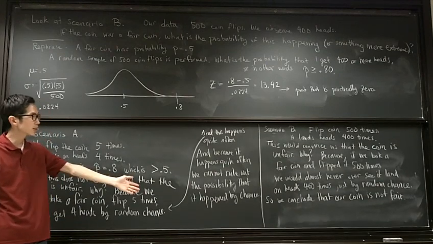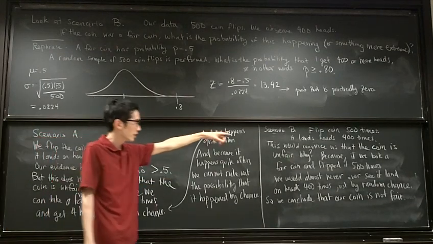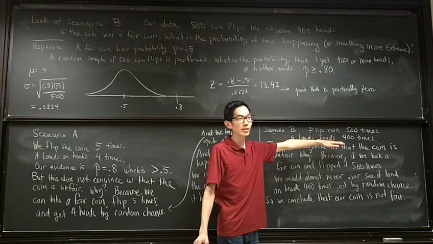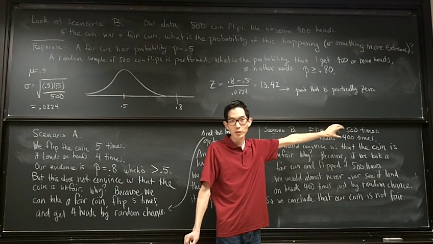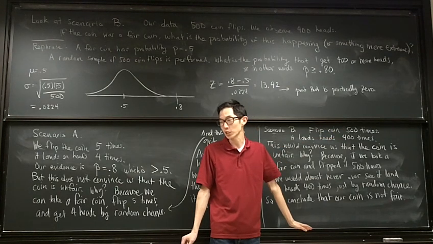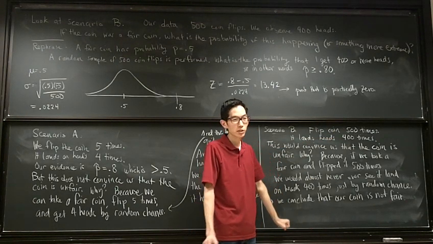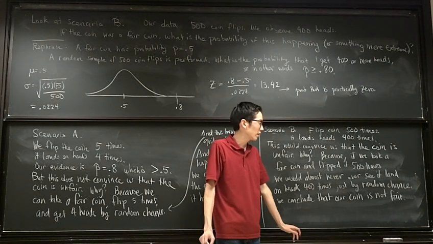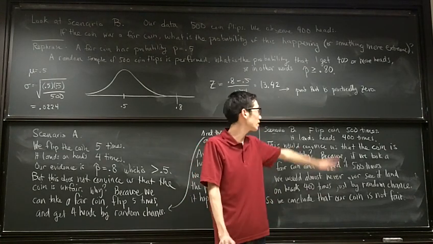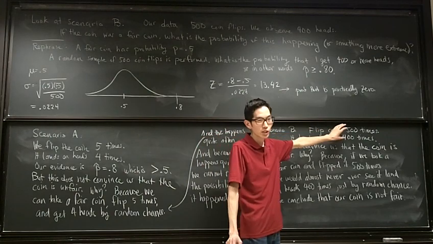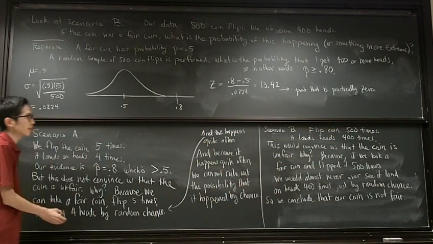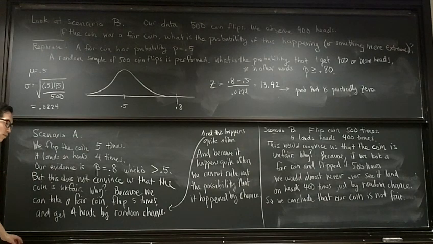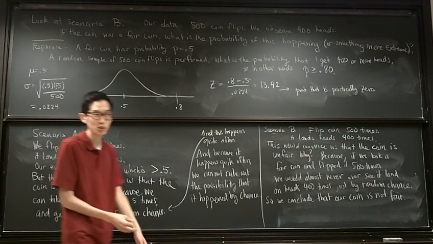So we can come to the conclusion that if this is actually what happened, if our data shows that this has happened, we can eliminate the possibility that it happened just by random chance, okay? And so we can conclude that the coin is not fair, and that's how we get something that's so unusual, okay? Because if a coin is not fair, then 400 out of 500 coin flips might not be unusual.